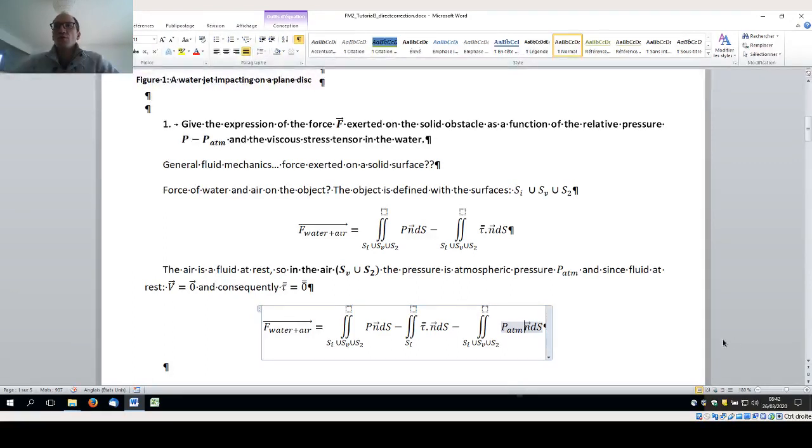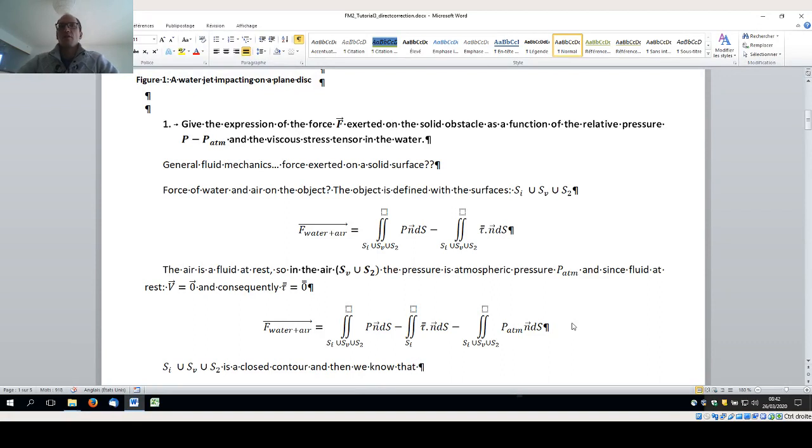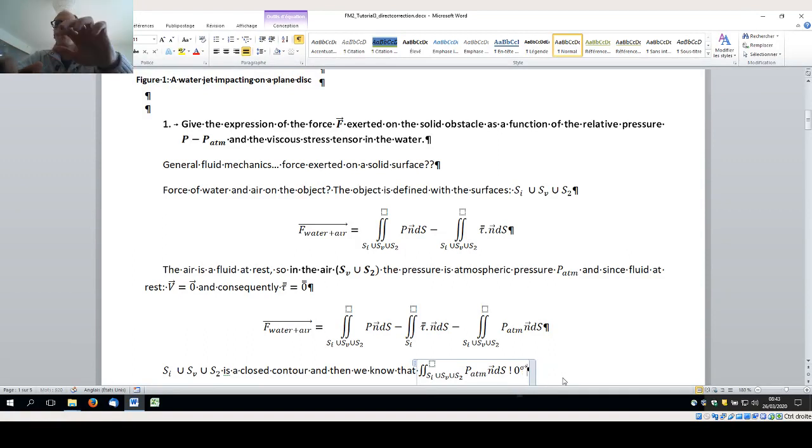This is allowed, since, maybe I can write it down, SI, SU, SV, S2 is a closed contour, and we know that the integral of a constant function along the normal over a closed contour is always equal to 0.